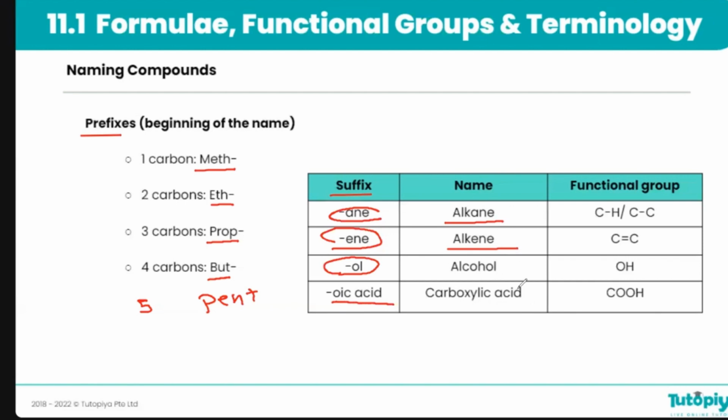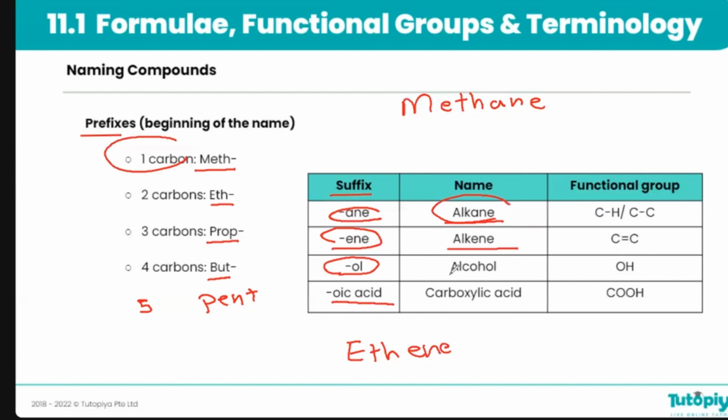So let's just take a very quick example. If it is an organic compound which is an alkane with one carbon, we call it methane. If it is an alkene with 2 carbons, then it's eth and ene, so it becomes ethene.